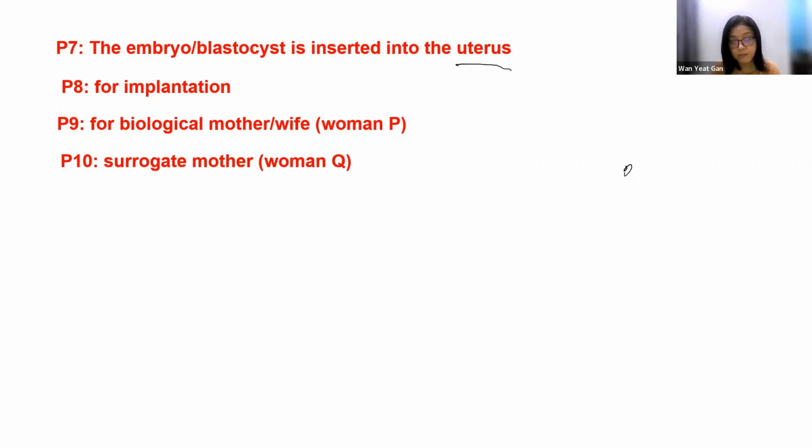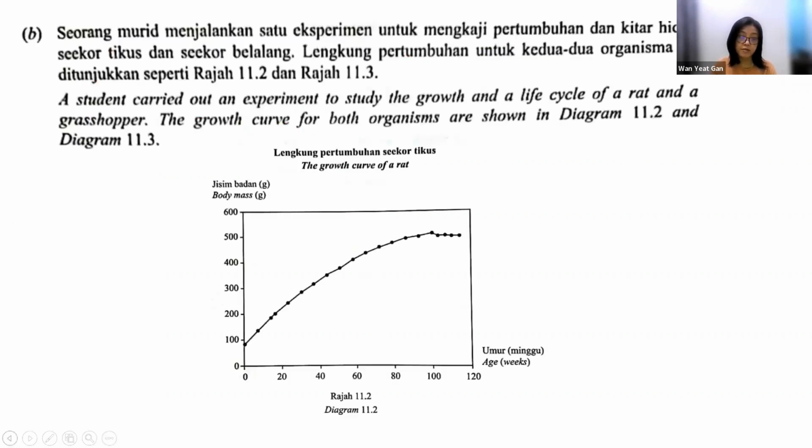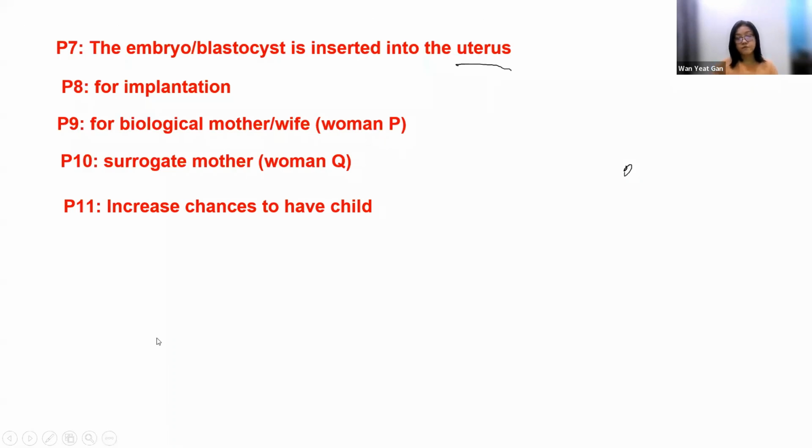So the woman who has fibroid will not be able to be implanted with the blastocyst or embryo because of the presence of fibroid. Okay, so surrogate mother here means you use another woman to carry your baby. Okay, so that is the answer for this question.